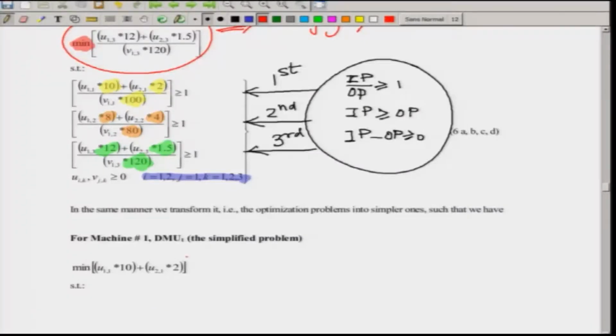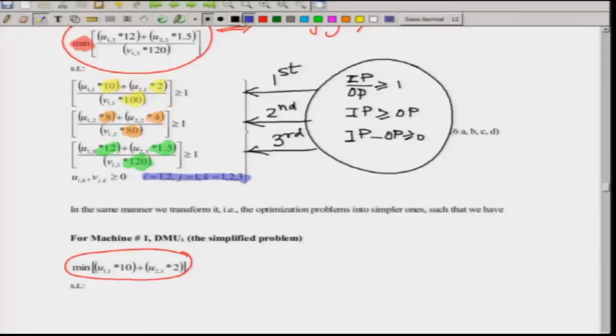If you remember, the numerator had the minimization word. In the numerator you had the weights multiplied by the conversion factors for the inputs for the first DMU. So, obviously, we will try to minimize that, corresponding to the fact that the output which was in the denominator is being forcefully made 1, and that will come later on. So, this would be the minimization one. This is the objective function which I will denote.